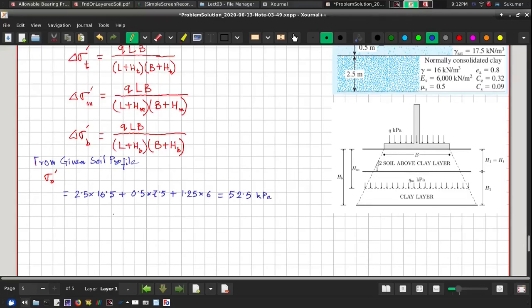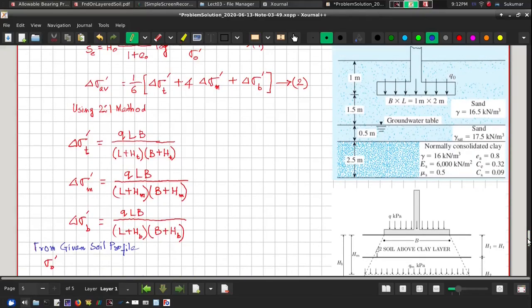Okay. And now what is HT, HM and HB? Let us find that. Now for our problem, let me write down the values. HT is 1.5 plus 0.5, so 2 meter.